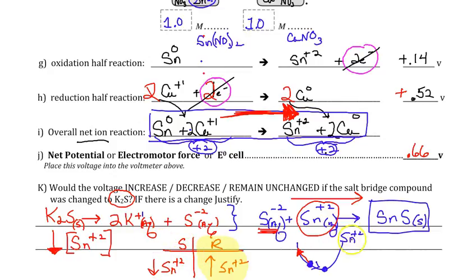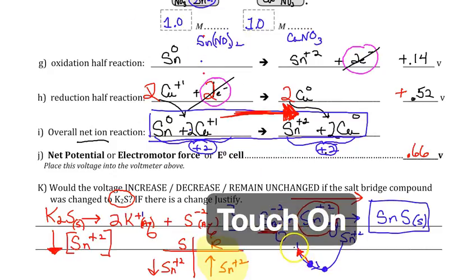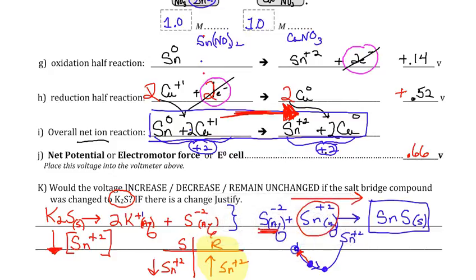If this is 100%, I'm going to go this way. So I'm putting this position now what? Higher. So it's going to be higher, and now we're more spontaneous. Bottom line is it shifts to the right. The forward reaction is more spontaneous, and the voltage has to increase.